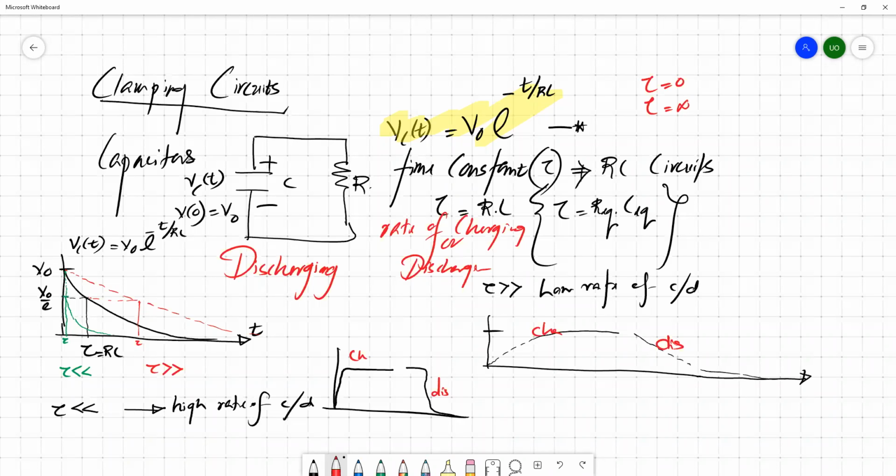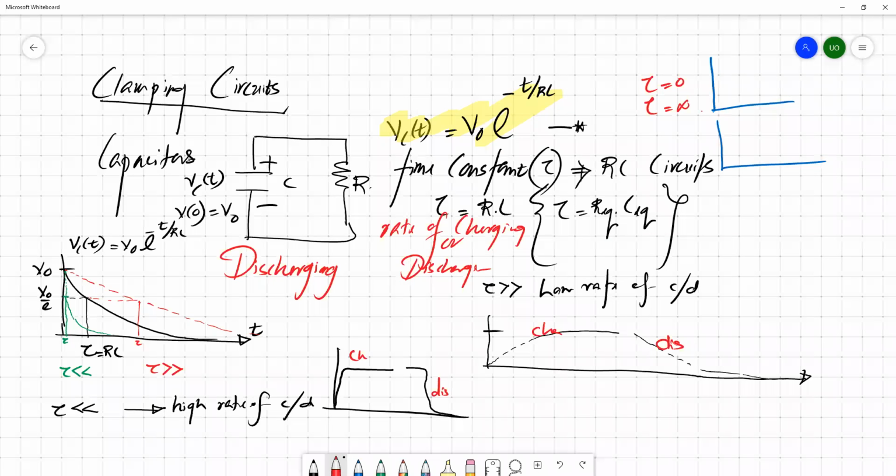We can mathematically come to a conclusion about what happens when tau equals 0 and when tau equals infinity by looking at these graphs. If tau goes to 0, which means the time constant is very small, close to 0, you see this kind of charging process and this kind of discharging process.